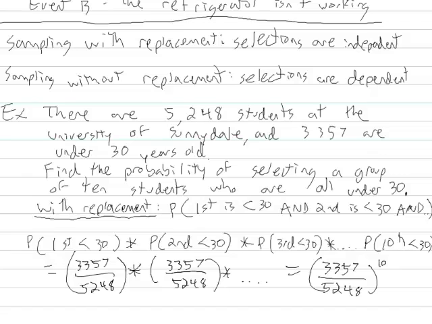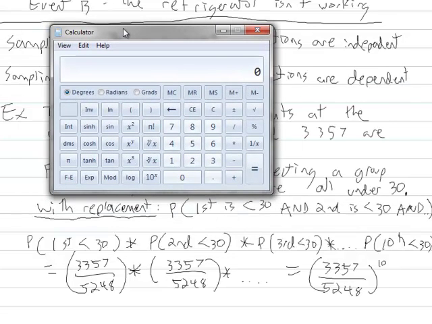Okay, so I can use my calculator for this, see what we get. We take 3357 divided by 5248, and then we're going to raise that. So that's the probability that I just select one student, the probability that that one student is under 30.